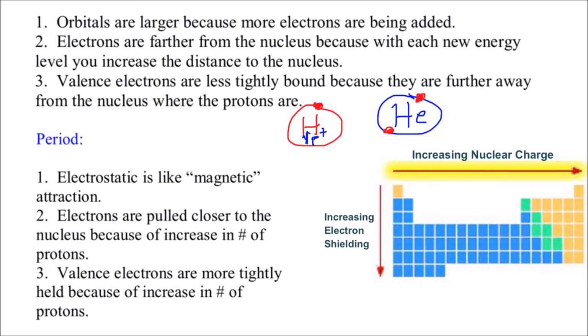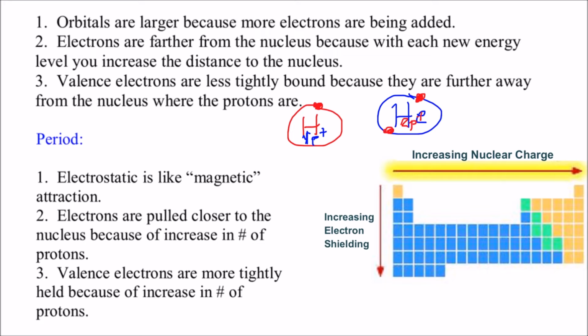Okay, and inside helium, we have two protons. Alright, notice that the electrons are the same distance away in both of these atoms. This electron is exactly the same distance away from the nucleus as this electron is.